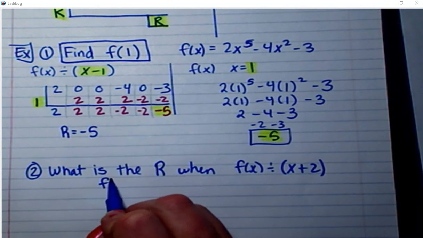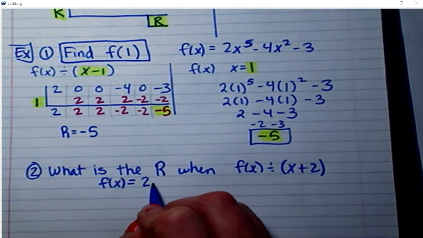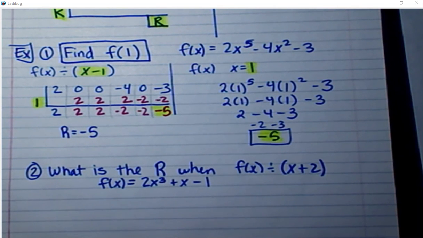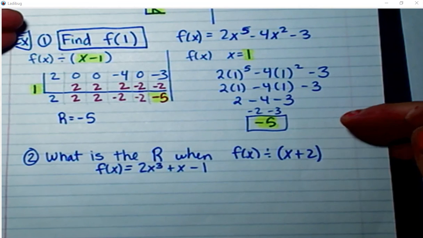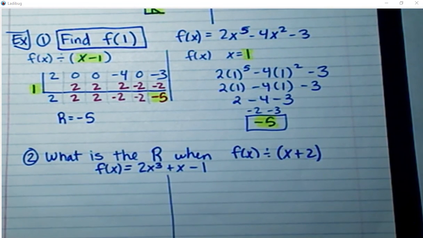So let's say that f of x is 2x cubed plus x minus 1. I want the remainder. So automatically you're like, oh, I should do synthetic division because remainder makes me think division. Y-coordinate makes me think plug in. Right? Do it both ways.